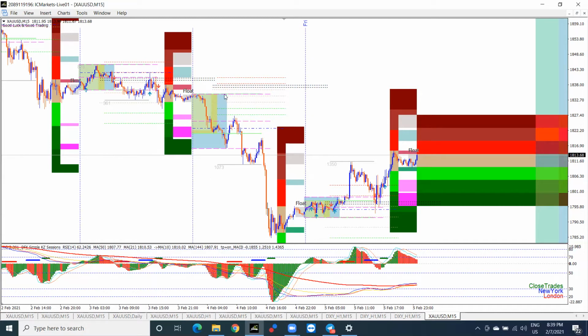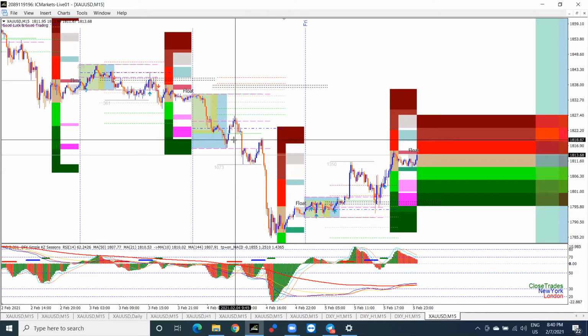Then, these boxes here are the Asia session. We need to see the Asia session break above or below. If we see the Asia session break below the green sell lines, then between Frankfurt opening and London opening, we start to search for our sell.